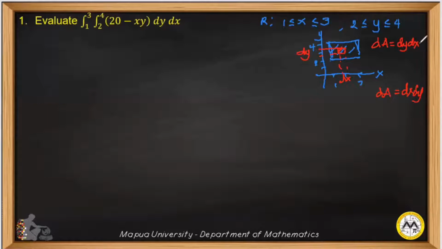In the problem, we are asked to evaluate the integral in the order dy dx. Hence, it means that we will evaluate the inner integral from the lower limit to the upper limit. So we are going vertical. Then the outer integral in x will be evaluated from 1 to 3, from left to right.